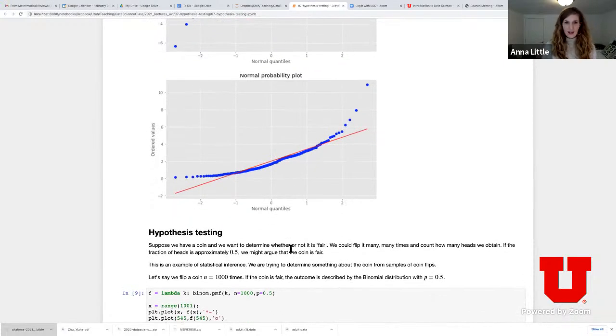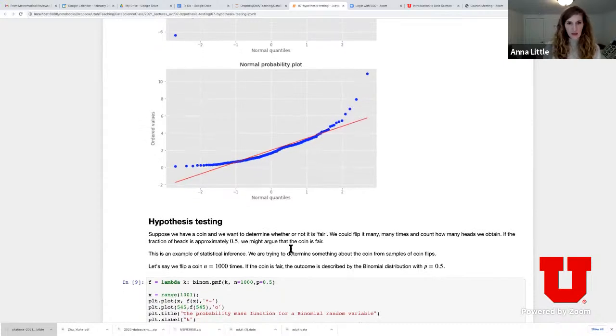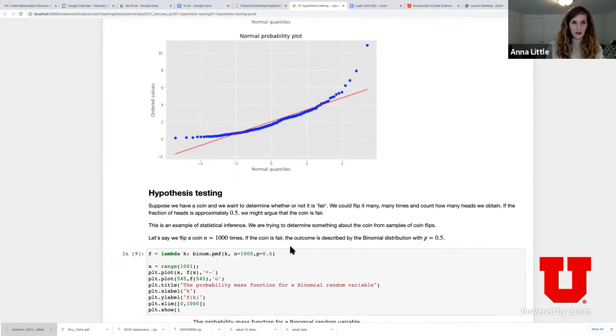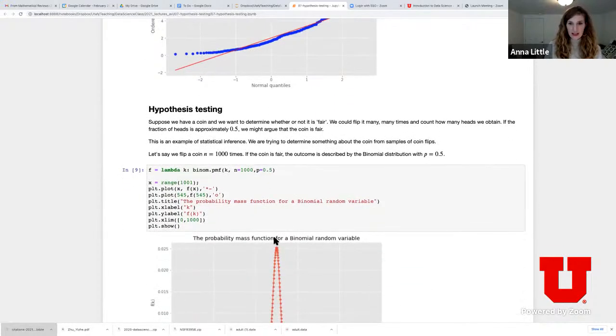Okay, so now that we're equipped with our normal probability plot tool, which will be useful, let's get into the details of hypothesis testing. Let's start off with an example related to the coin tosses that we have been discussing. Suppose we have a coin and we want to determine whether or not the coin is fair. So how would we do that?